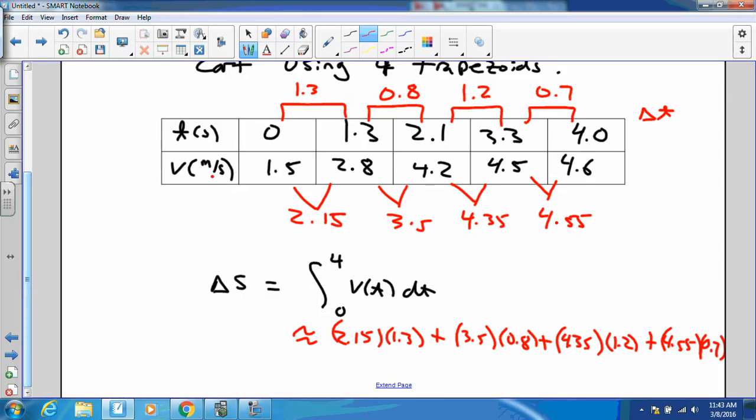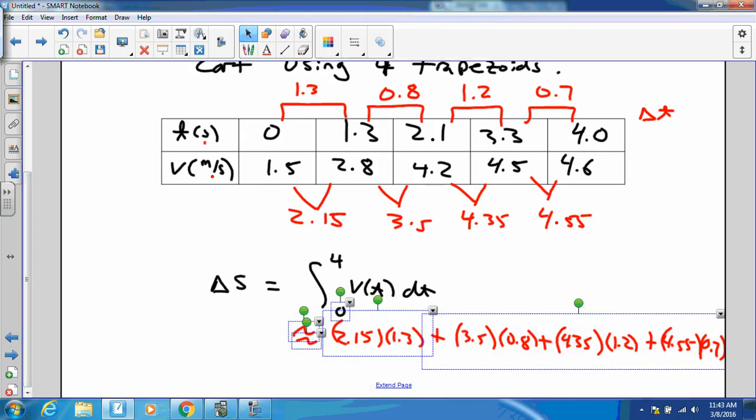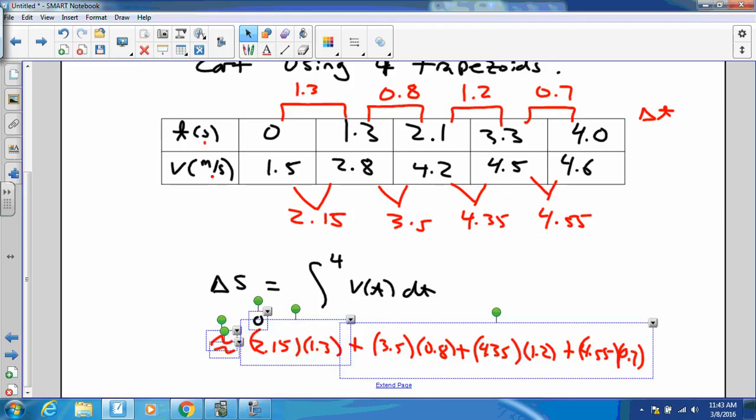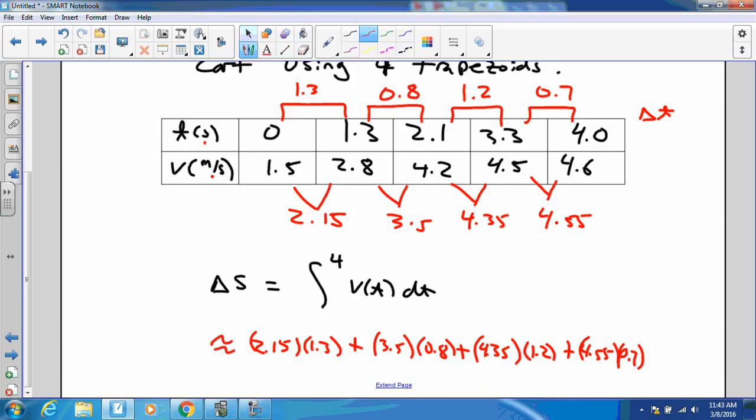And what units go with that? It's going to be the units of the velocity, meters per second, times seconds. What do I get when I multiply meters per second times seconds? Meters. Is that a good unit for displacement? Sure. Yeah. So all that is going to be in units of meters.